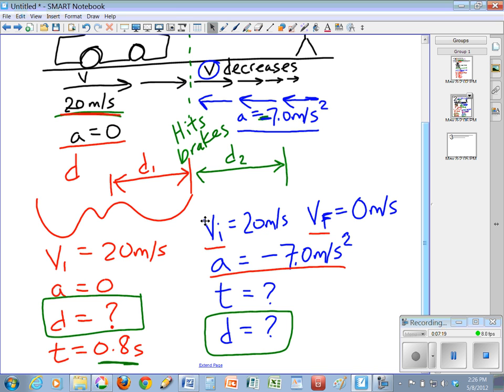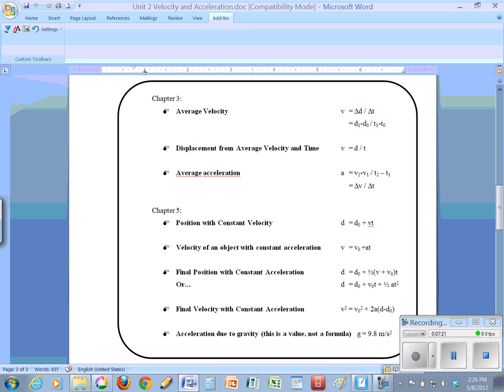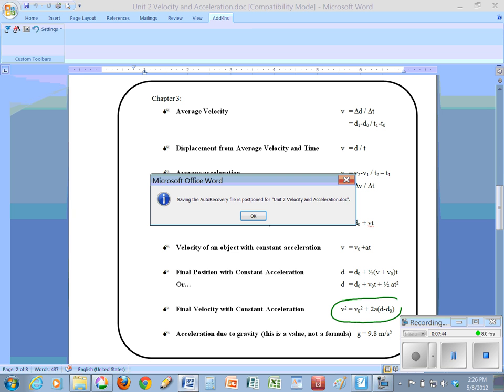Let's go back to our sheets here. If we know acceleration and an initial and final velocity, we can use this equation. There are many equations that we could possibly use, but this one here will help us calculate.